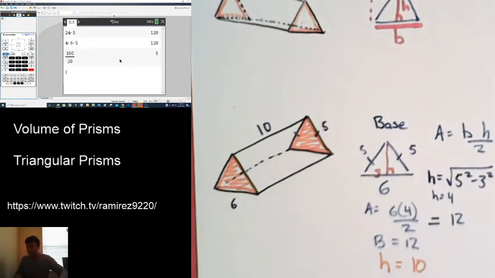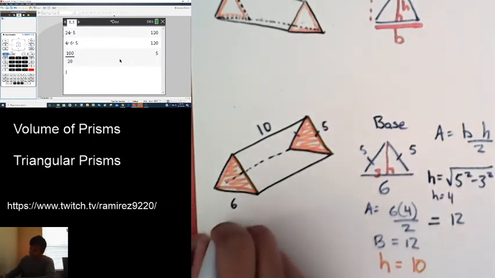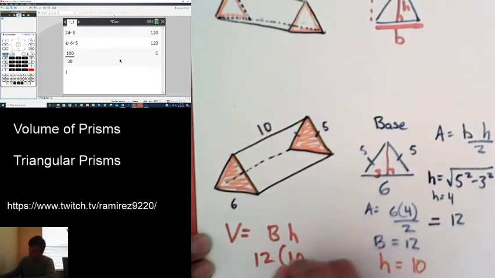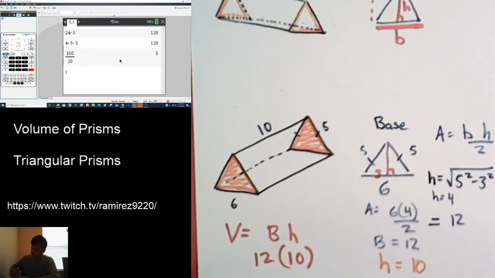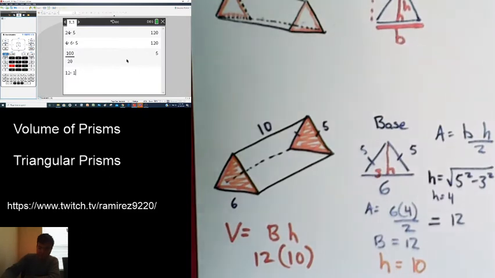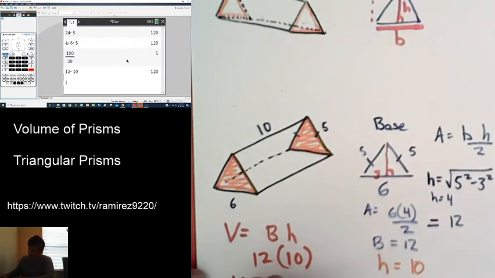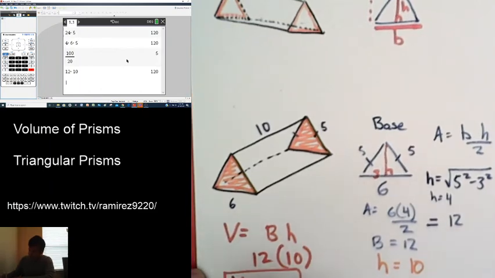And so I wanted to find the volume. Volume is just big B times H. Big B is 12. My height is 10. And that's it. It would just be 12 times 10, and I get 120. That easy, guys.